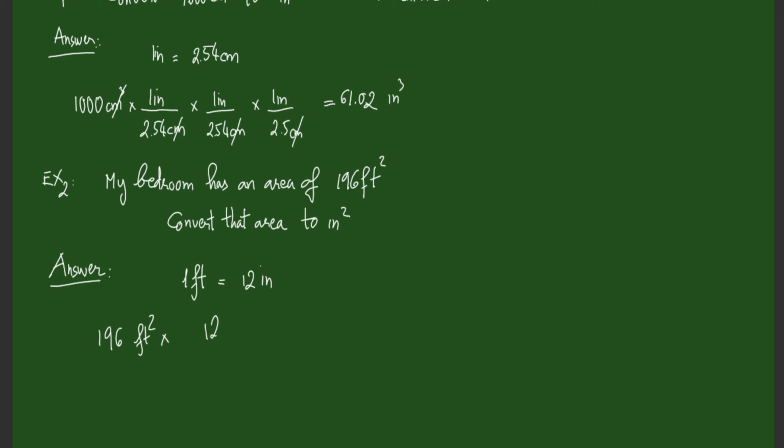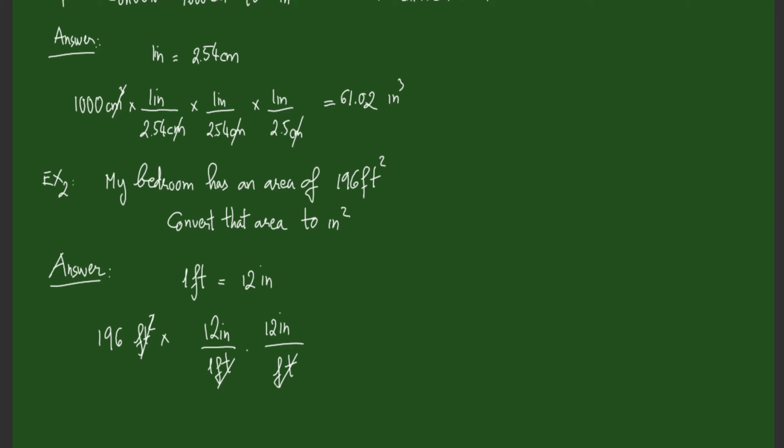So the conversion factor is this. And you need to do another one, because if you do just 1, you cancel only one feet and still have feet left. But if you have 2, then you can cancel the feet square, and what you have left is just inch square.